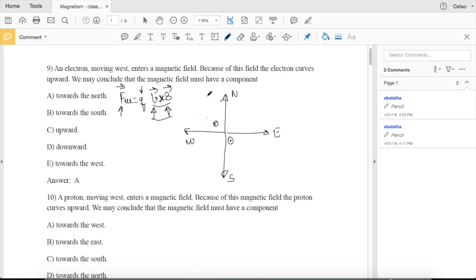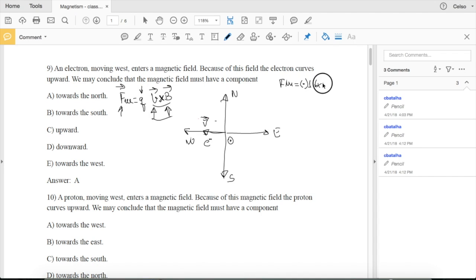So you have an electron moving west, going in this direction here. The electron is a negative charge, by the way. If it is moving in that direction, the velocity vector is given. So in this cross product, one of the quantities is given, in fact two, because the electron has a negative charge.